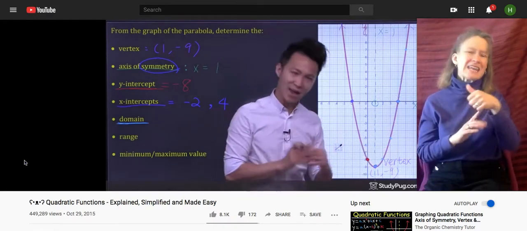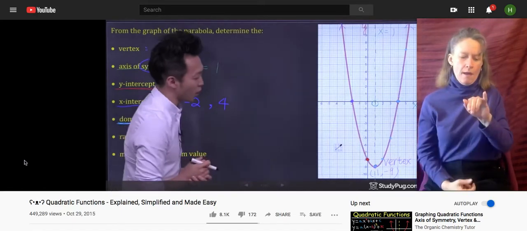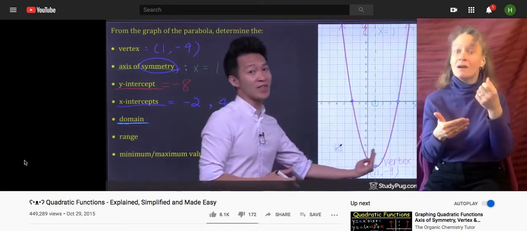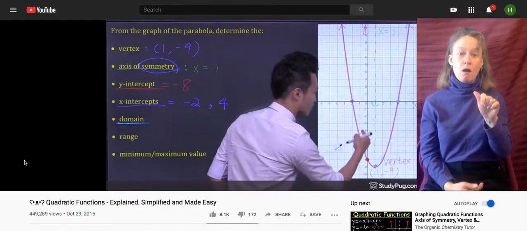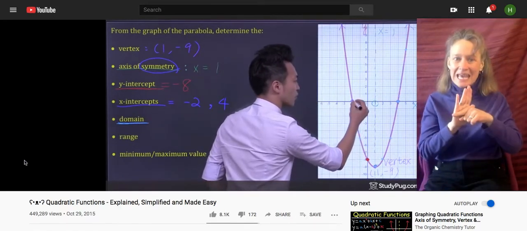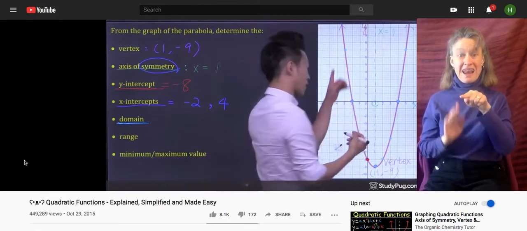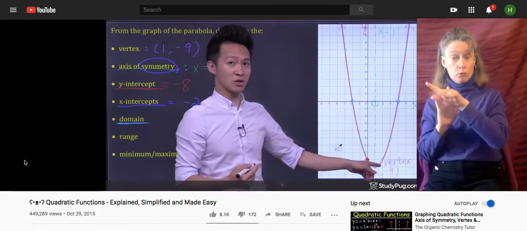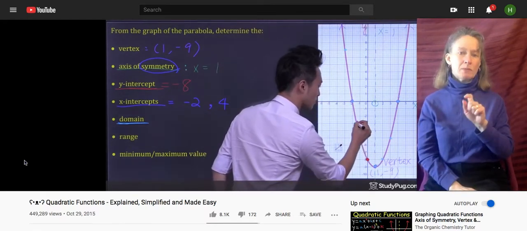Now, guess what? Parabola can also take on any negative values for x. For example, this point, x value is -1. This point, x value is -2. This point, x value is -3. See, negative integers.